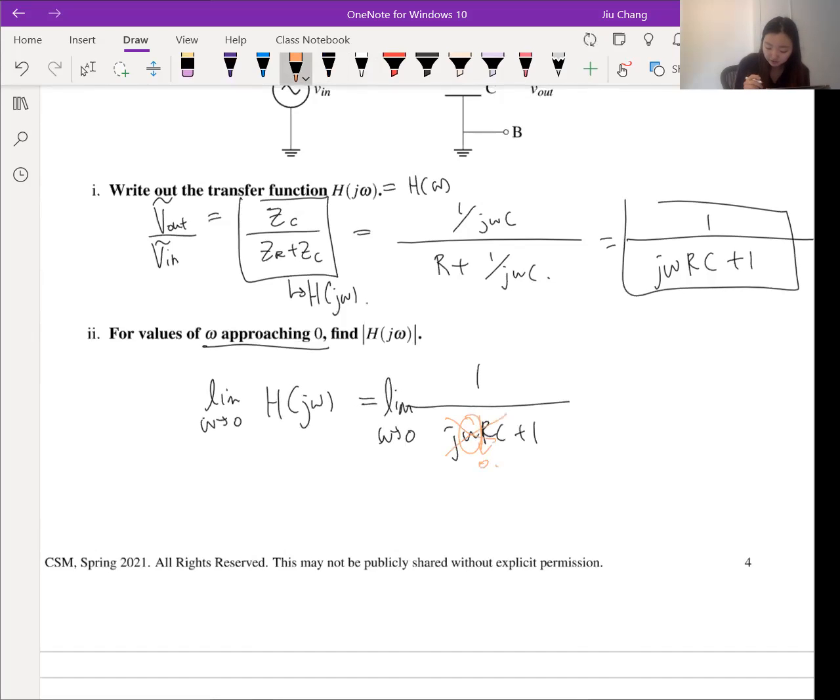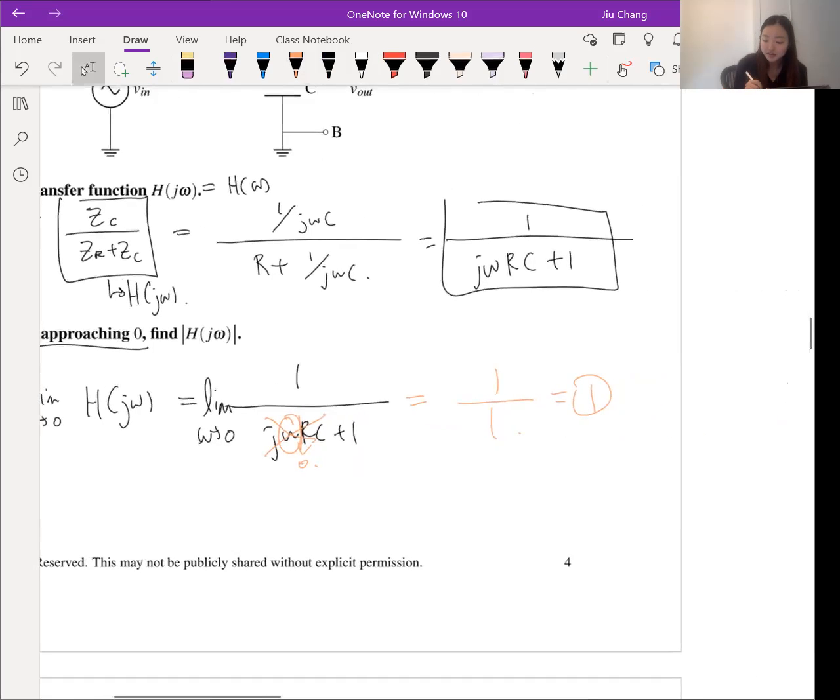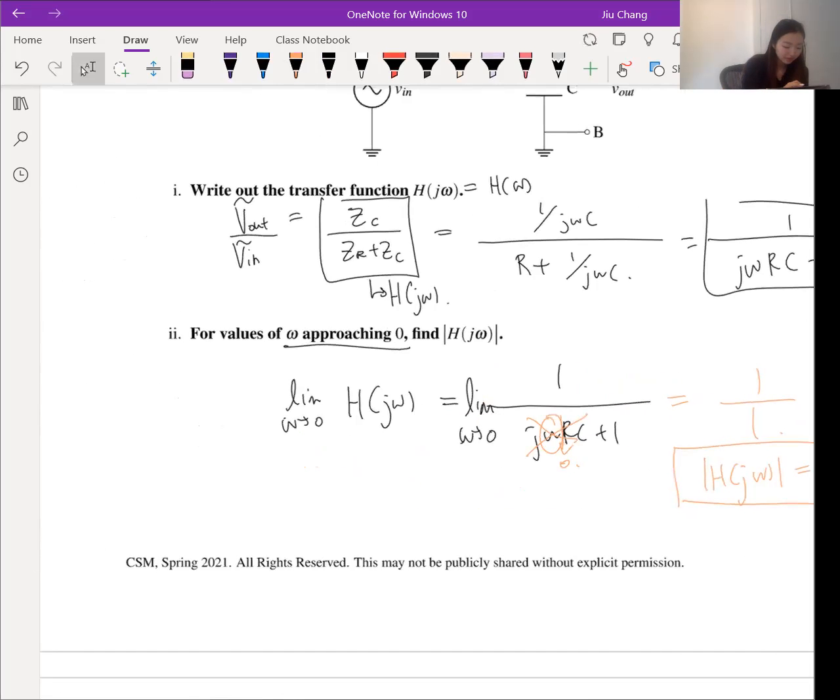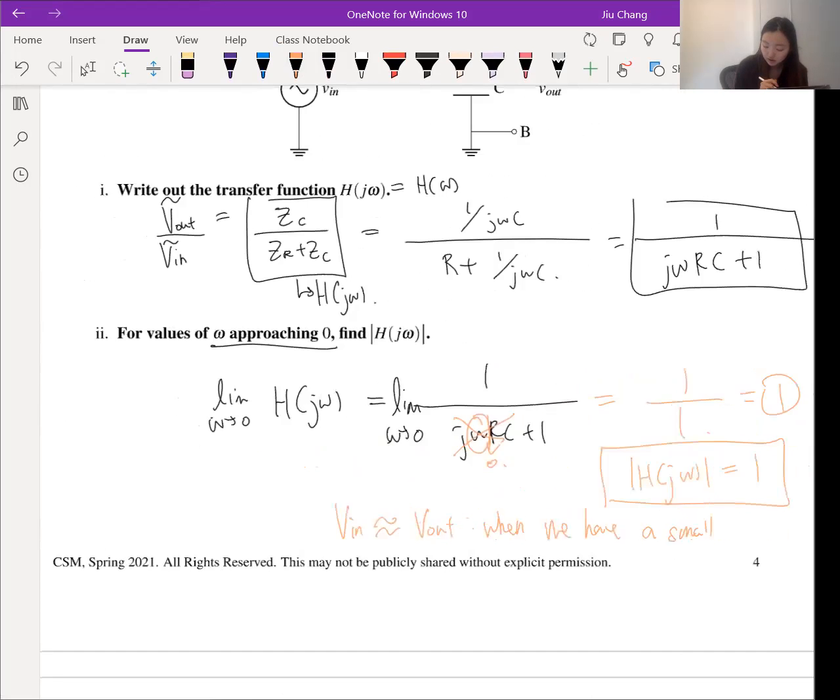And that would mean we have this. So as omega approaches 0, the magnitude of 1 is just 1. So we will have our magnitude of the transfer function as 1. This means that our V input is almost equal to V output when we have a small omega.